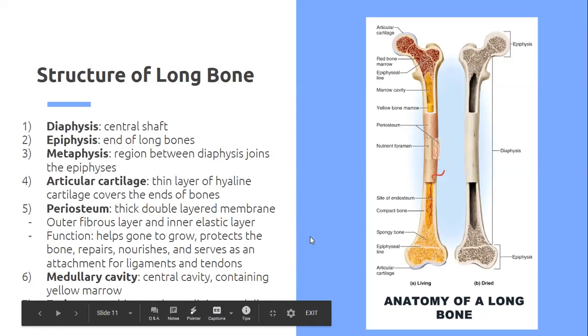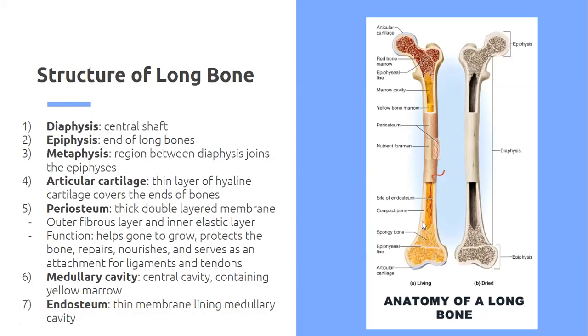And then we have the medullary cavity, which is the central cavity, and it contains your yellow marrow, a fatty substance inside of your bone. You can see yellow bone marrow labeled here, the yellow stuff, and that's also the medullary cavity. The marrow cavity is the same thing as the medullary cavity. It goes all the way down this channel in the bone.